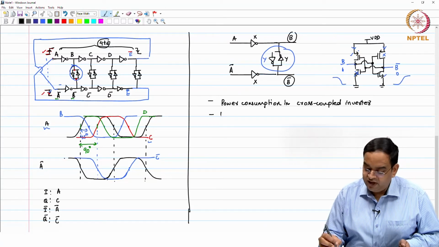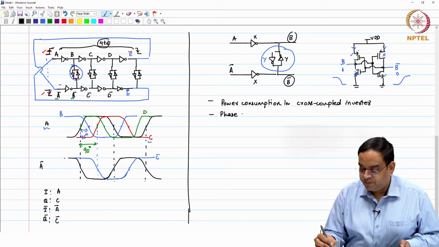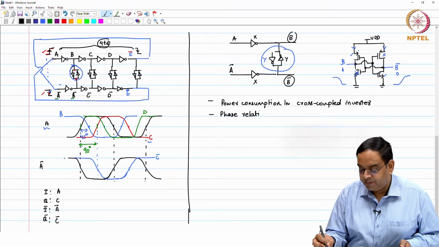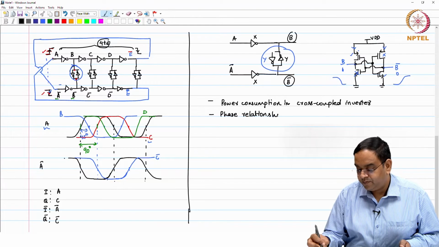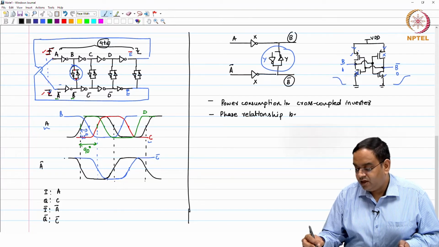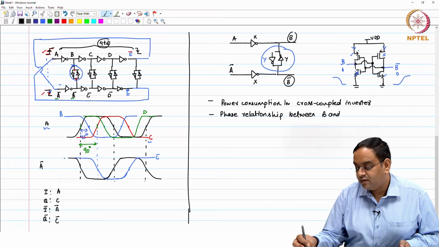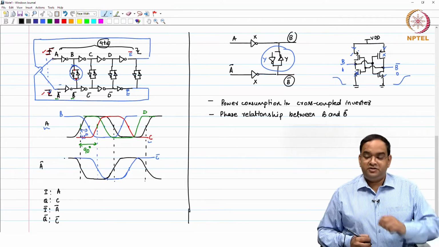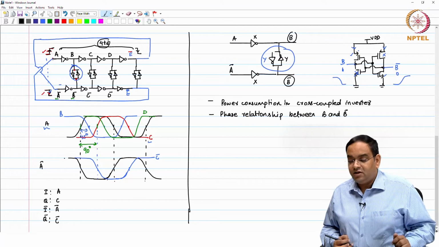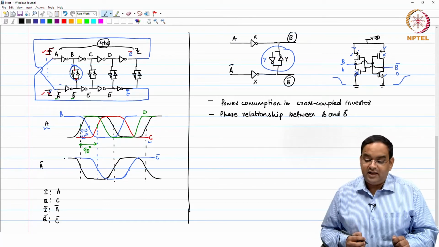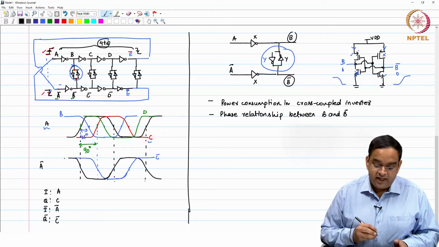Okay. So, phase relationship between B and B bar. Okay, these are the two things which decide the size of the inverter Y as compared to the main inverter X.